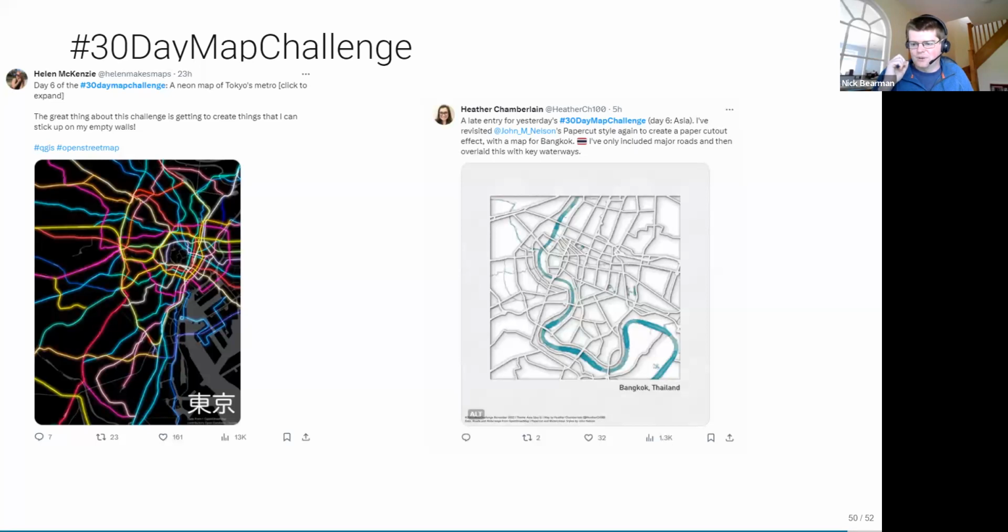This was from day 6, which was yesterday, looking at examples of metro. Tokyo's metro on the left, and then a river on the right-hand side in Bangkok. Then there's a different theme each day. So if you do a search for the hashtag 30-day map challenge, you'll probably find some great examples.